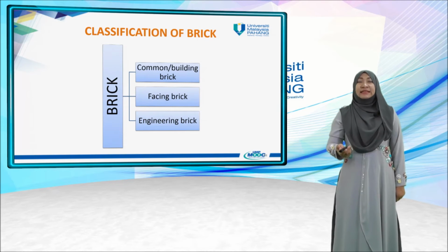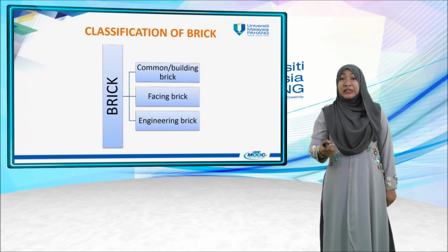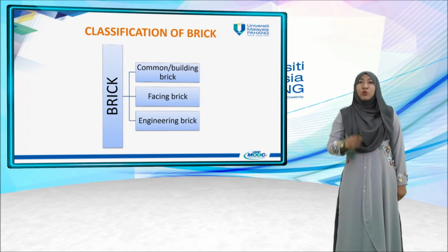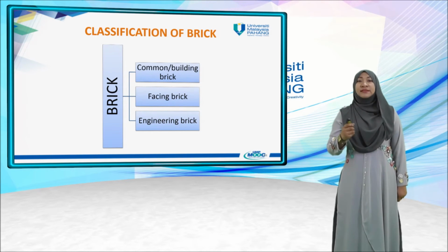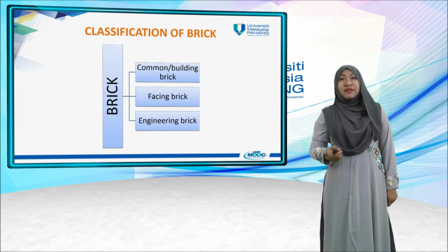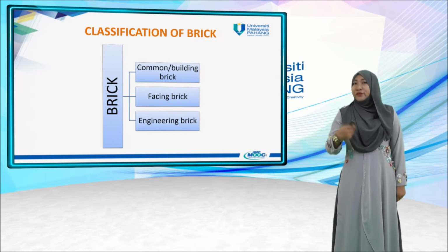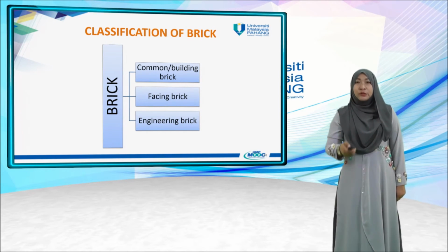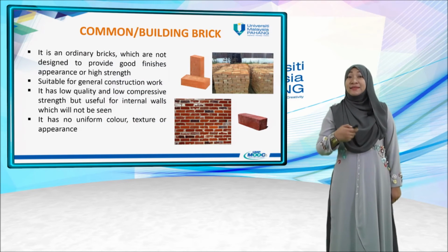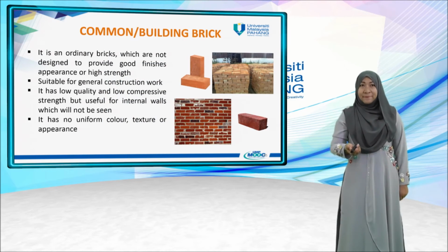Now we can classify brick into three. Number one is common or building brick. Number two, facing brick, and number three is engineering brick. Of course, based on the name, we can define what a common or building brick is.